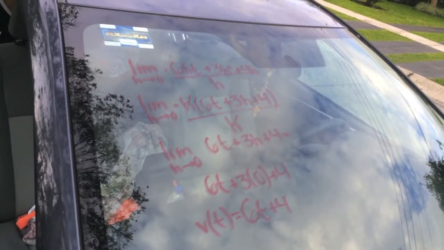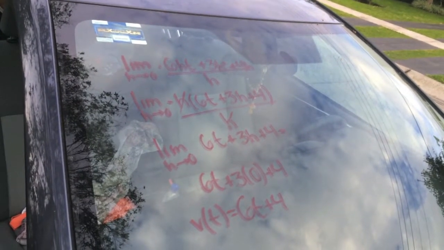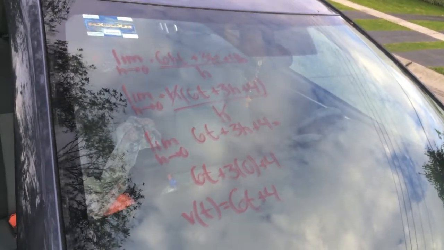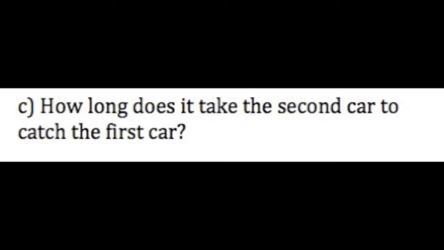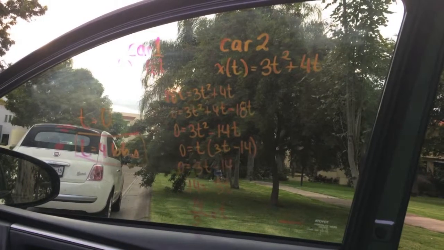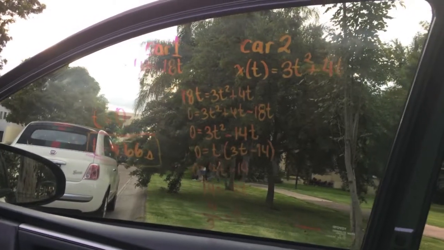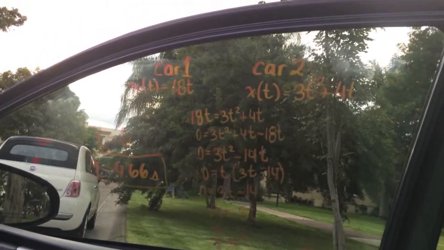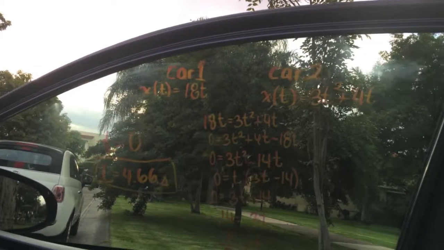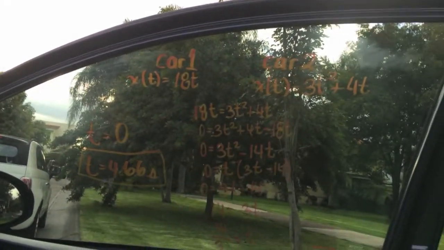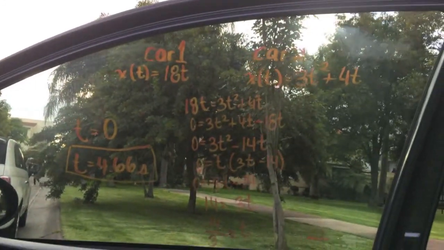In this question, we found the derivative for the function of car 1 and car 2. Question C. How long does it take the second car to catch the first car? Here we are looking for the time, and we have to find a real value of time for both car 1 and 2, so we make an equality.